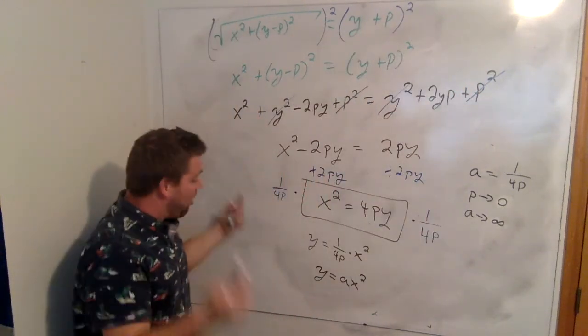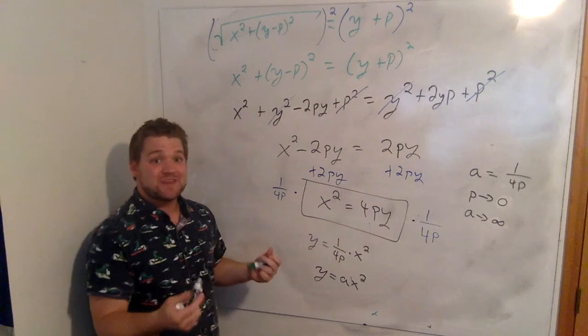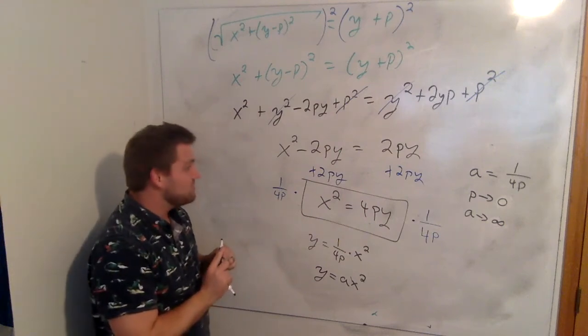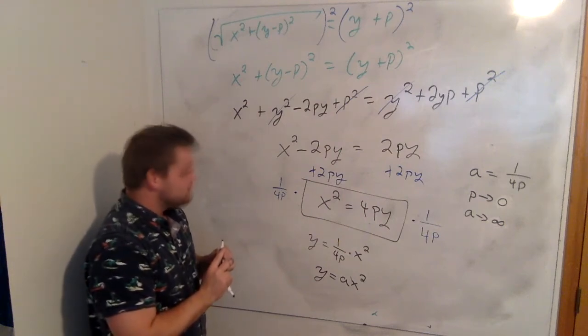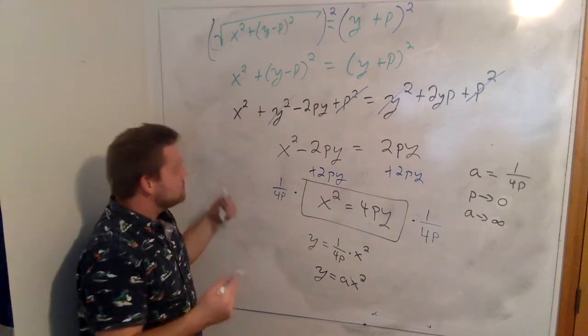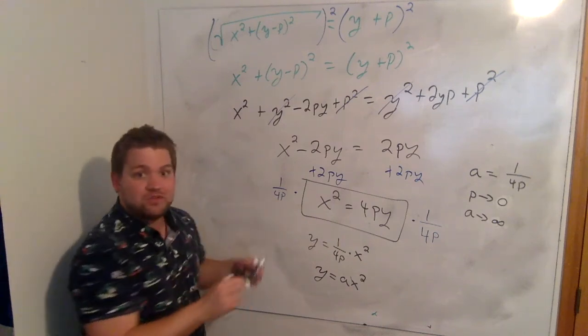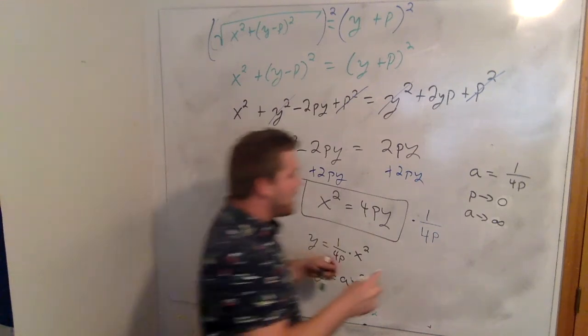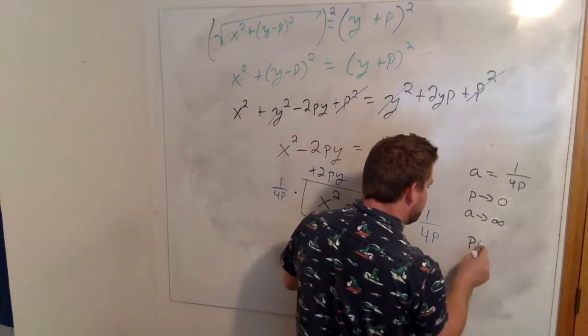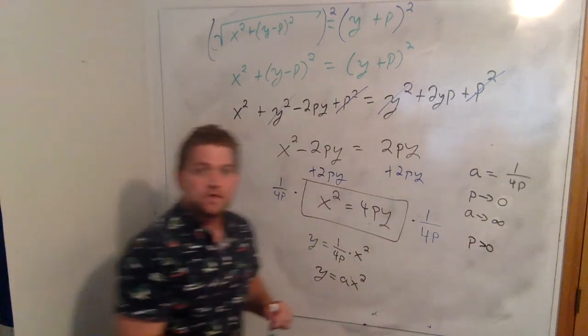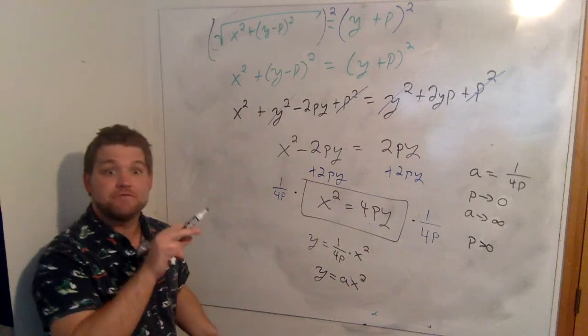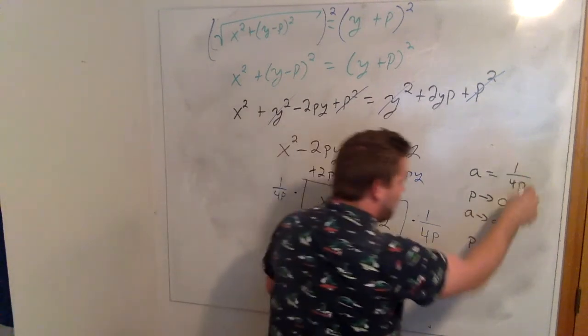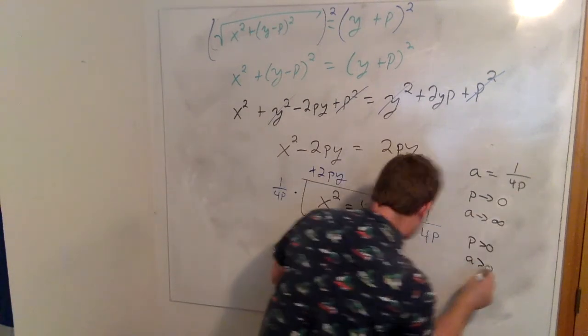So this is all agreeing with everything that we know about parabolas, which is beautiful. Notice also in this case, if p is positive, if p is greater than 0, that means the focus is above the directrix. Then a would also be positive.